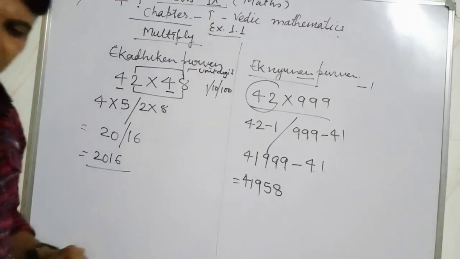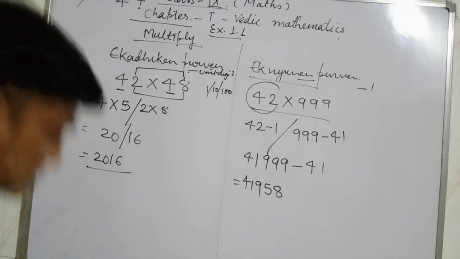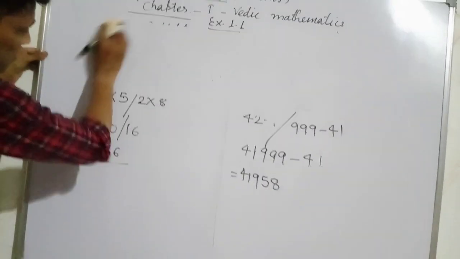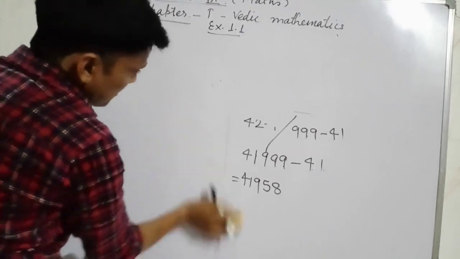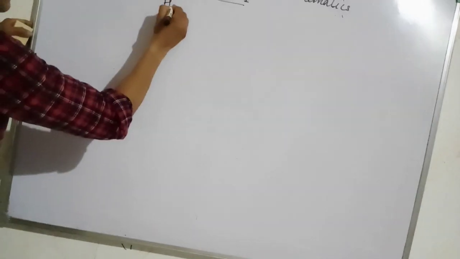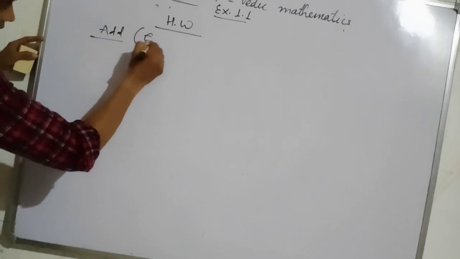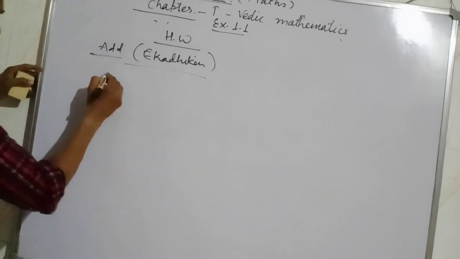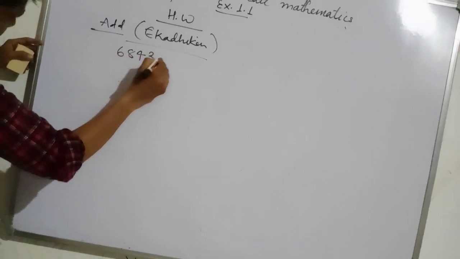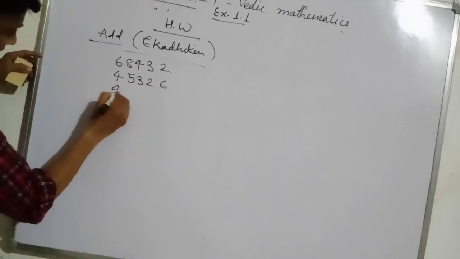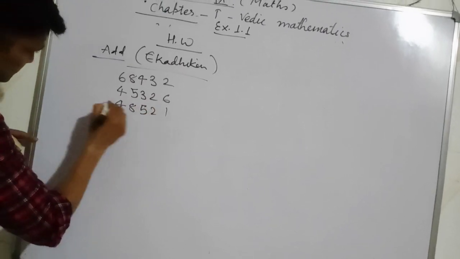The homework for today: you have to do addition by Ekadhikena, 6, 8, 4, 3, 2, 4, 5, 3, 2, 6, 4, 8, 5, 2, 1.